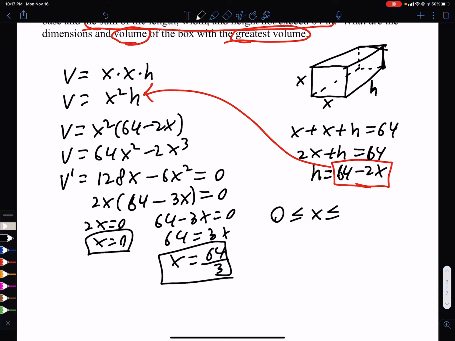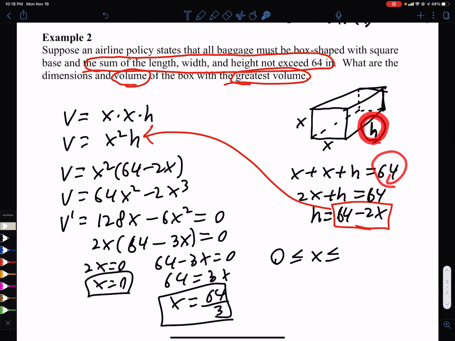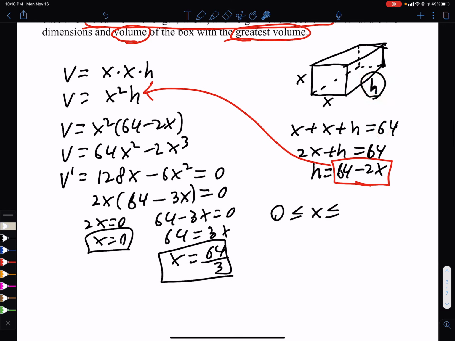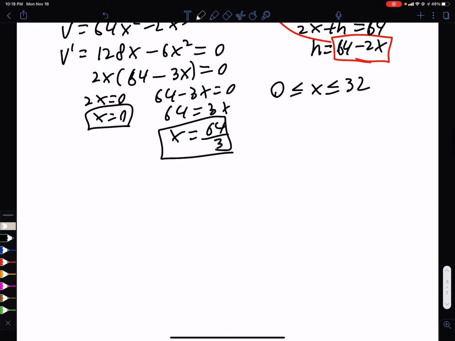Now what's the biggest x could be? Suppose I made the height of this box 0. Use none of my 64, which I'm allowed to have, right? 64 inches. I'm going to make h as small as possible. If I make that 0, x is going to be 32. So technically the biggest x could be is 32.